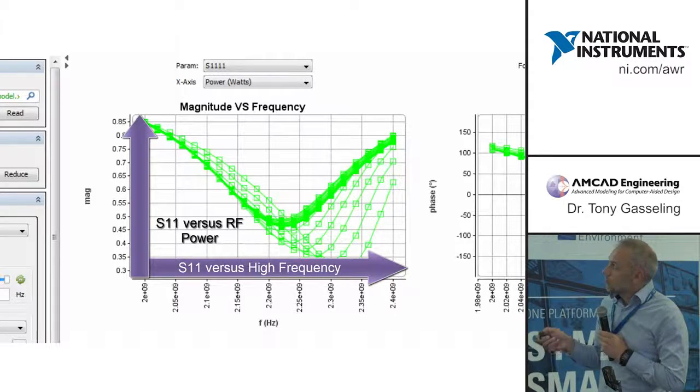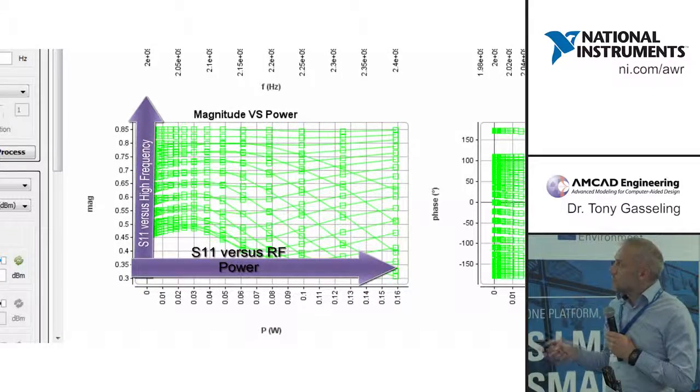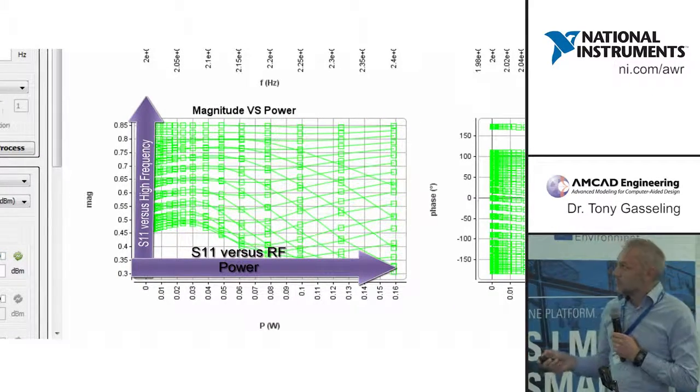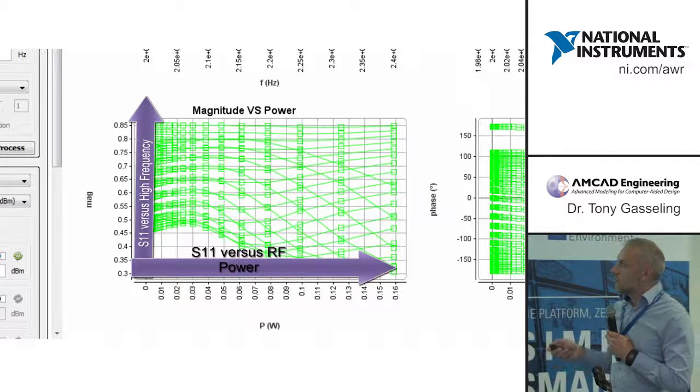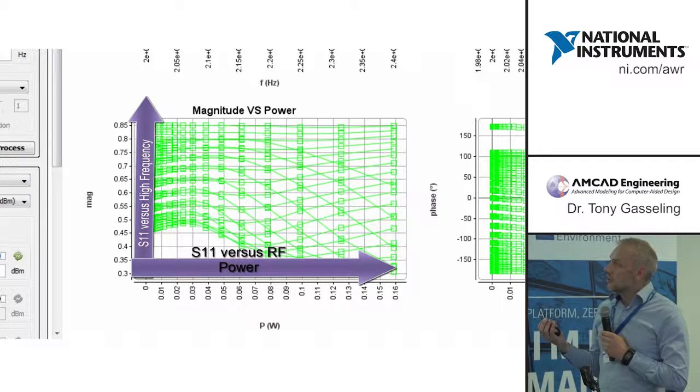We can also plot this versus different power levels, and we can visualize these kernels in the opposite direction, that is to say, visualize the S11 versus RF power for different frequencies.